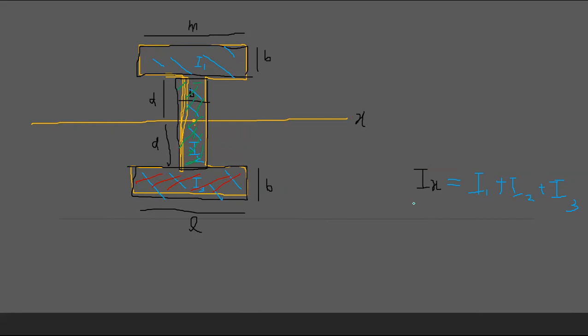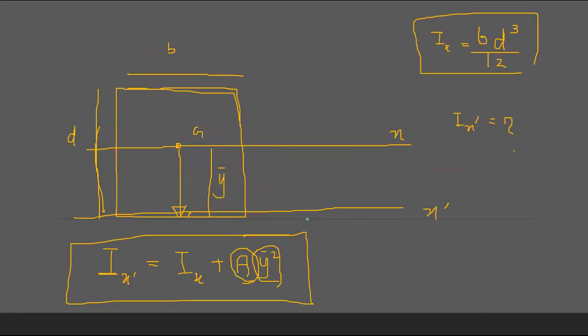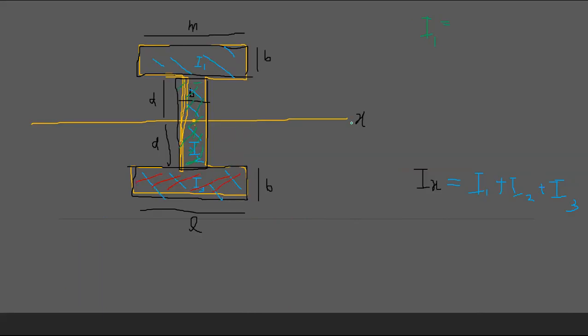So to find I1, let me check this. You only need to check whether the axis you are taking is going through its centroid. No, right? If not, you have to use the parallel axis theorem.